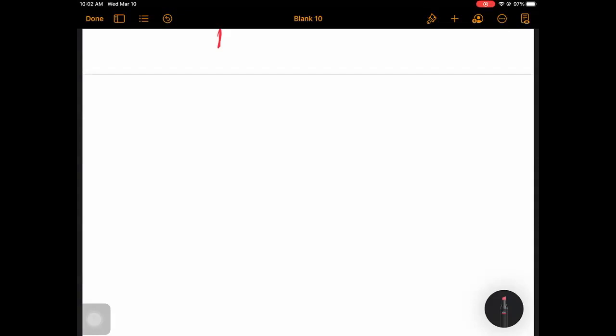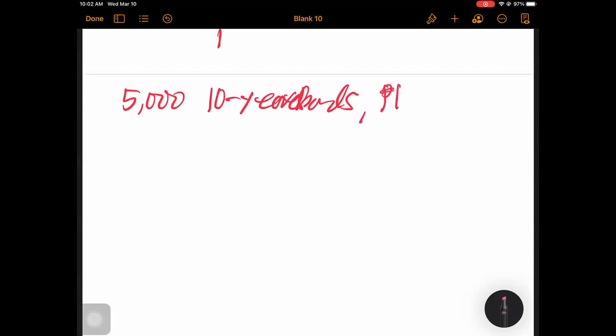So naa tay gi-issue as the issuer, we issued 5,000 10-year bonds.